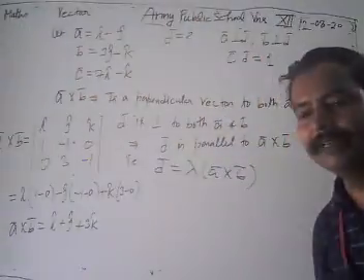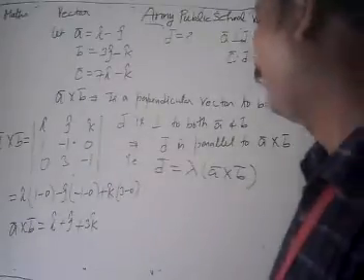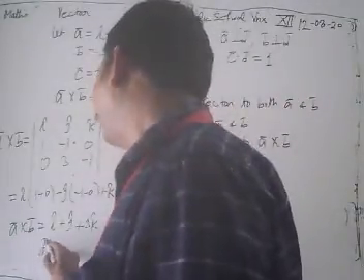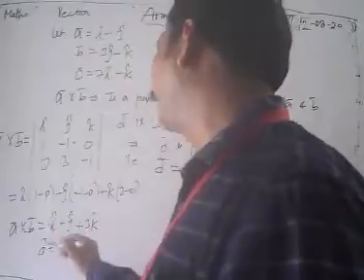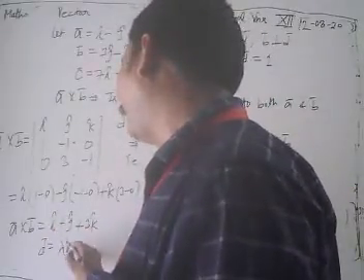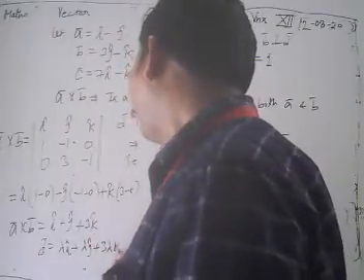We get the value of A cross B as I cap plus J cap plus 3K cap. Now what is our vector D? Vector D is lambda times A cross B. Then our vector D is lambda I cap plus lambda J cap plus 3 lambda K cap. But what is given?